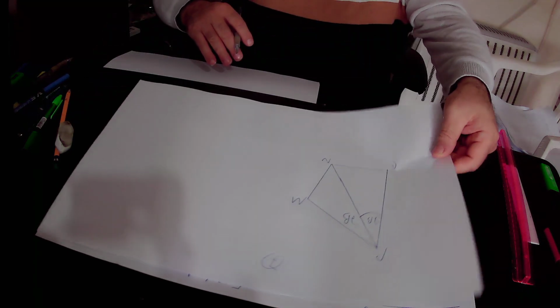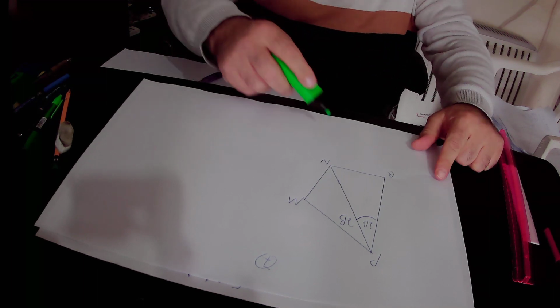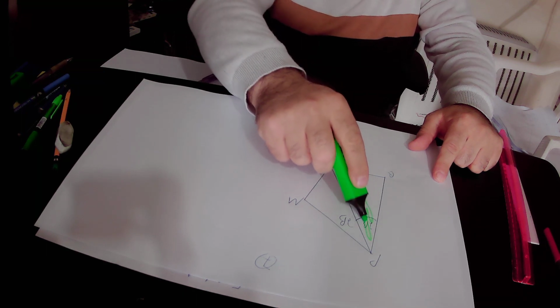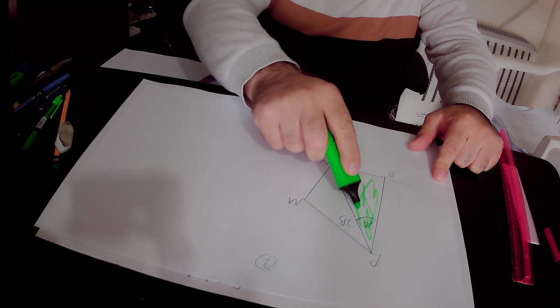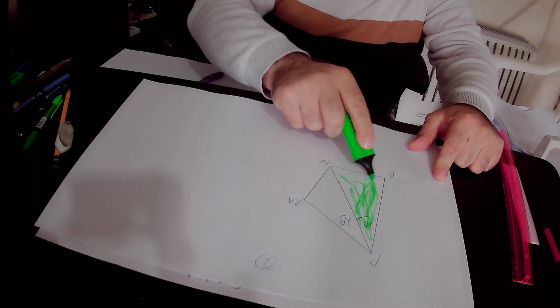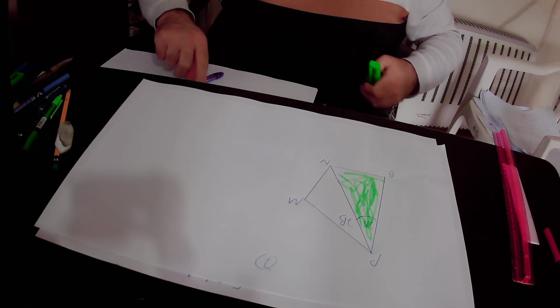I repeat again, the green triangle PQN congruent to the white triangle PNM. So I'll write it here.